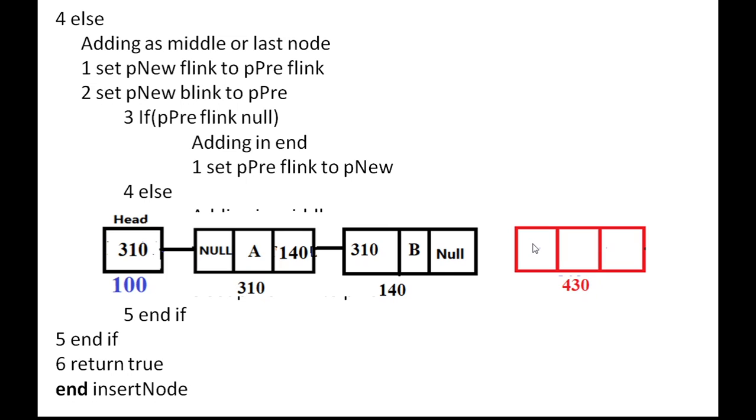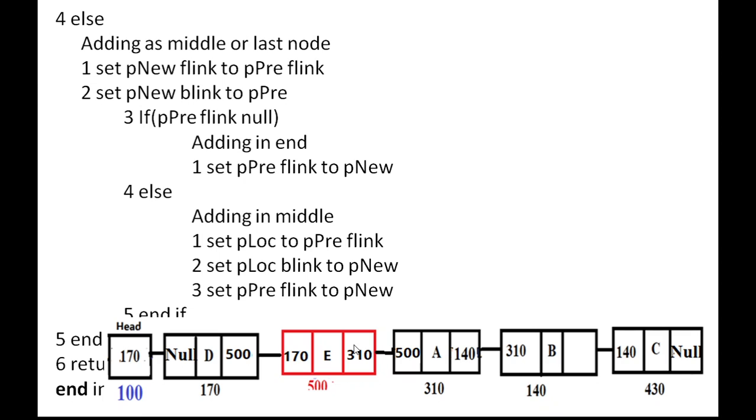Whereas if you are inserting in the middle, then the p pre forward link won't be null, just like in this case. See here, this is the p pre node, and its forward link is not null. It is already connected to some other node, so it means we are trying to insert in the middle. And what steps are needed?